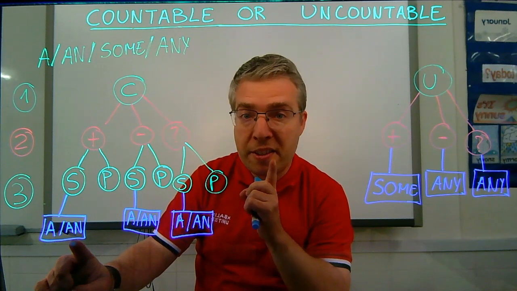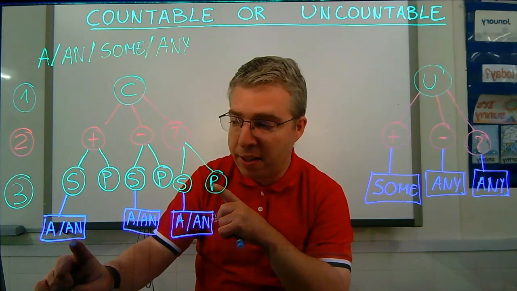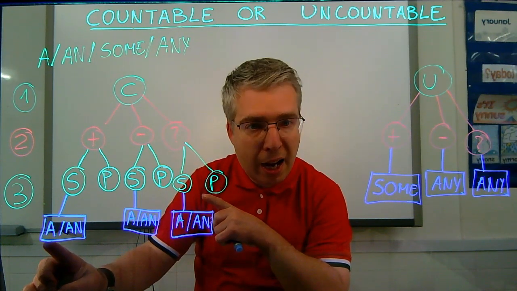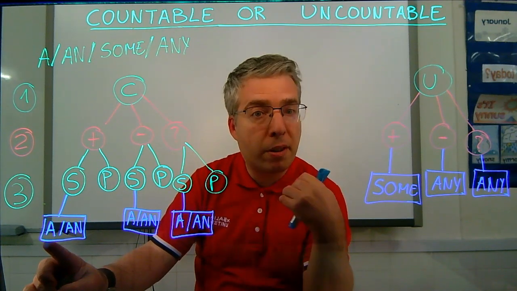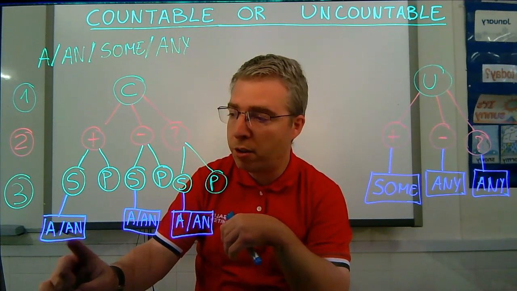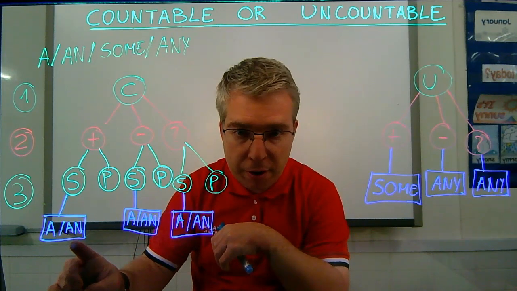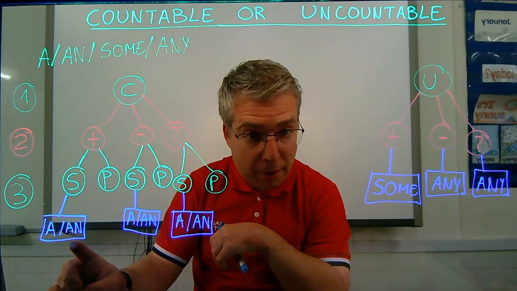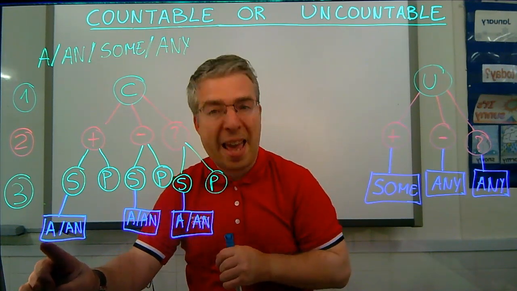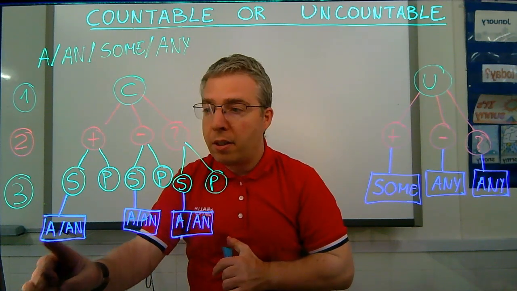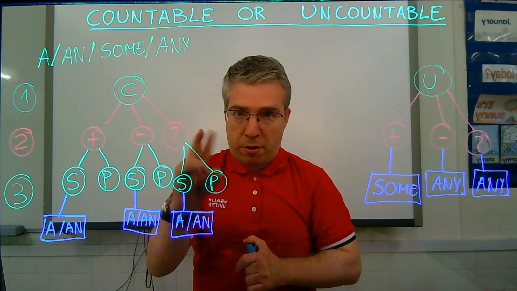But if it starts with a consonant, we need to use a. For example, a strawberry, or an orange, an apple, or a pear. If it's singular, 2 options.